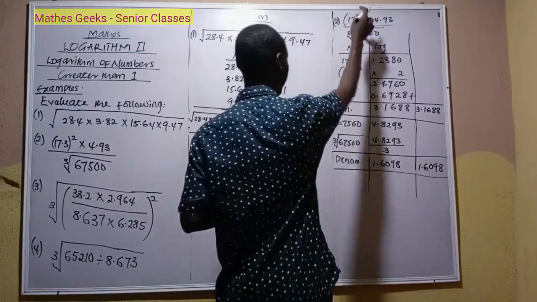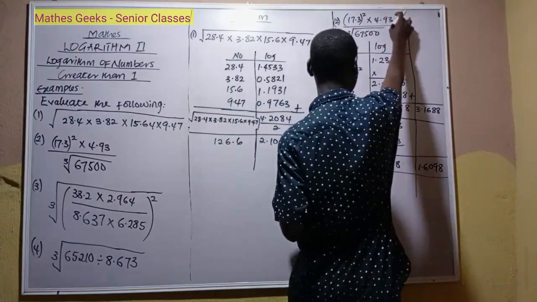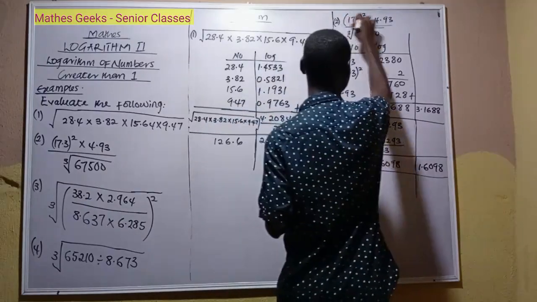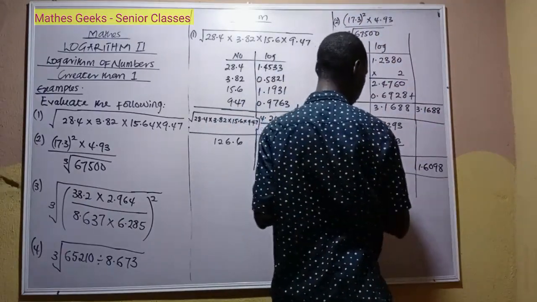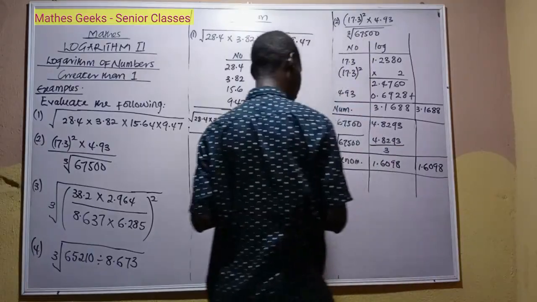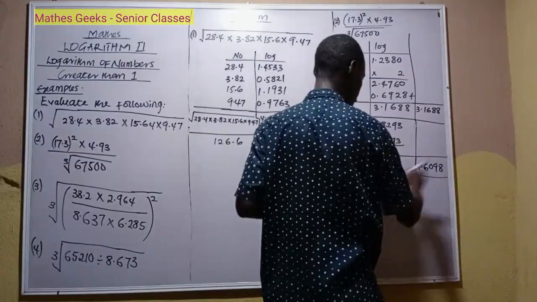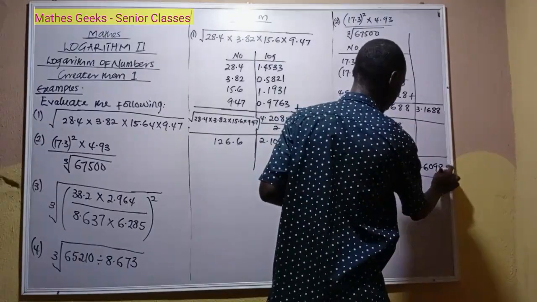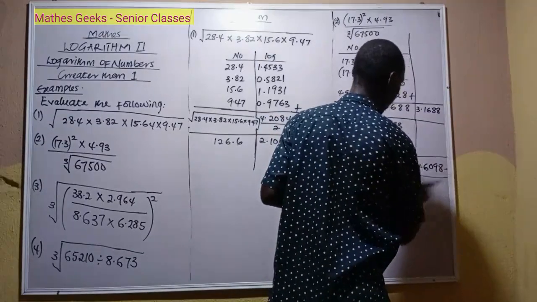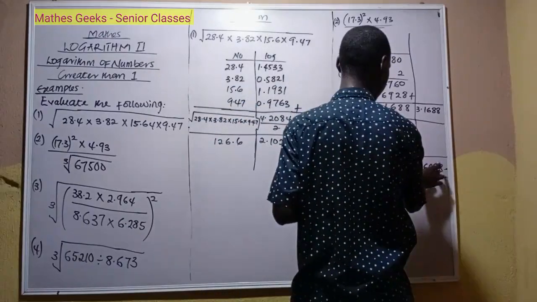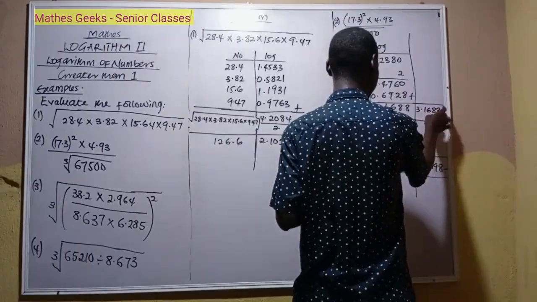So I will be able to evaluate the numerator and also the denominator. Now this is division. From the laws of indices, which also apply to the laws of logarithm, whenever there's division, we subtract. So I'm going to put my subtraction sign here, which implies that I'm going to subtract 1.6098 from 3.1688.